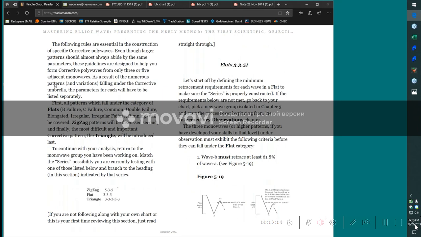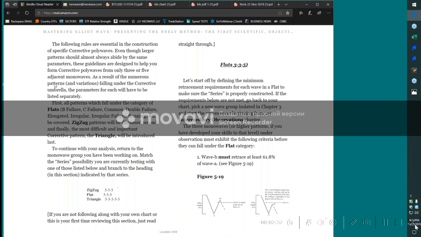So when you're dealing with the core foundation of wave theory, you have 3 types of patterns: zigzags, which are trending corrections; flats, which are mostly horizontal consolidations; and triangles, which are expanding or contracting horizontal consolidations. And to do zigzags and flats, you need 3 segments, triangles 5.